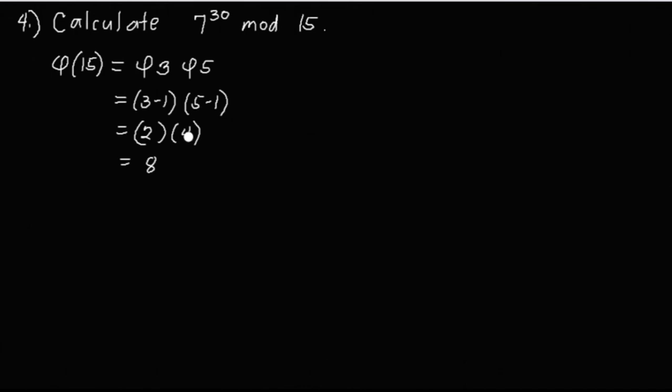And the GCD of 7 and 15 is equal to 1. So 7 raised to phi of 15, which is 8, is congruent to 1 mod 15.